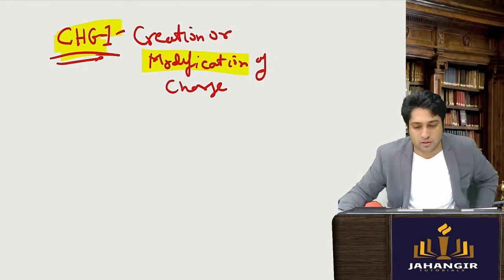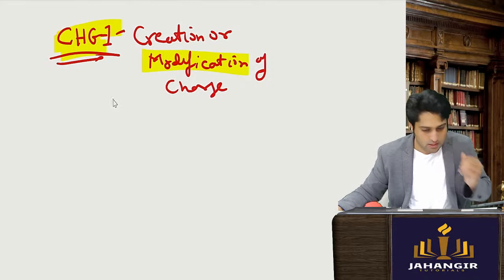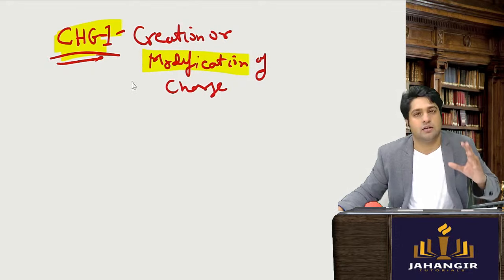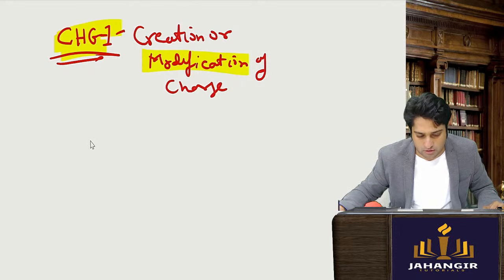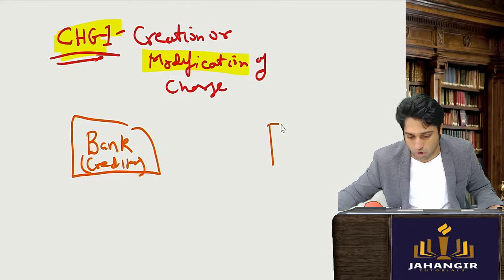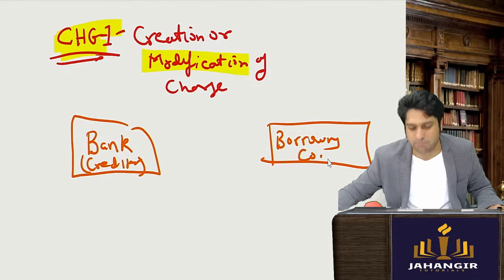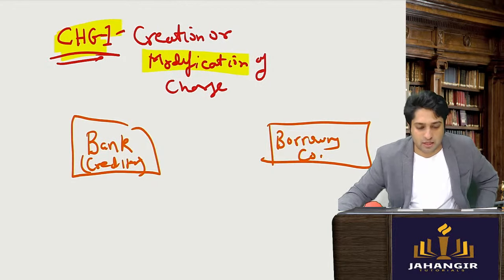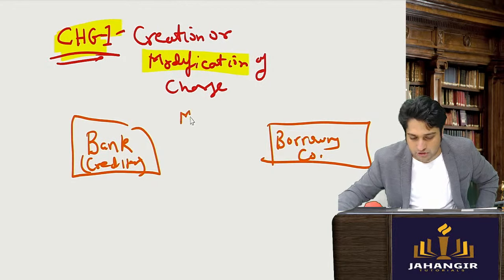Now what happens? Understand. If for some reason there was the bank that was the creditor, and this was the borrowing company. Now there is some modification.